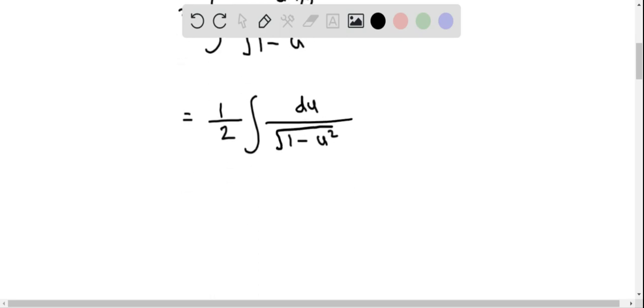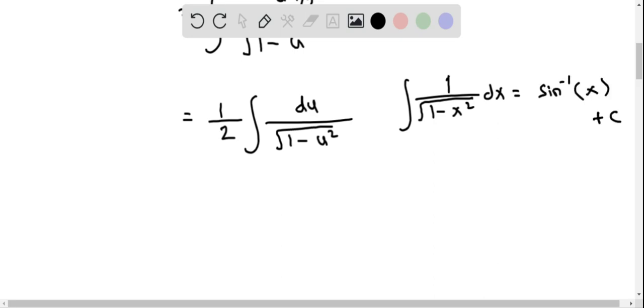And now the antiderivative of 1 divided by the square root of 1 minus u squared. Here we are using this antiderivative formula: for 1 over the square root of 1 minus x squared, the antiderivative is sine inverse of x plus the constant of integral. The sine inverse of x is also written as arcsine x plus constant c.